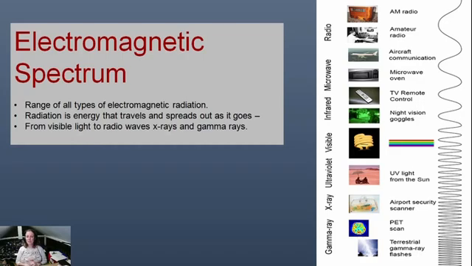Your night vision goggles are the ones that pick up the infrared light, what is being emitted off an object for heat. Visible light, we're all familiar with that. Then we also have ultraviolet light, which comes from the sun, X-rays, and gamma rays. And these are the things that are radioactive.